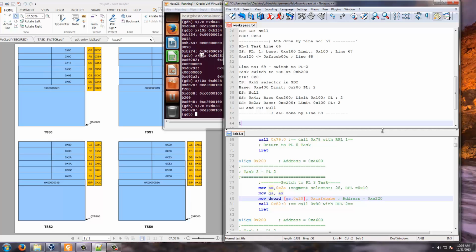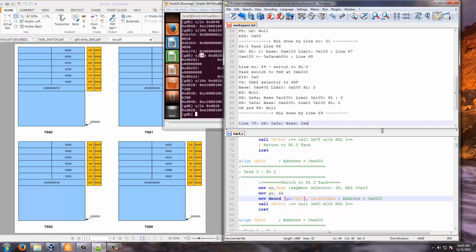Okay. Now what we'll do now, we now move to line 78. Line 78, and there we move AX to 8 again, the same thing. So your GS now is loaded with 0x2A, which is just 28.